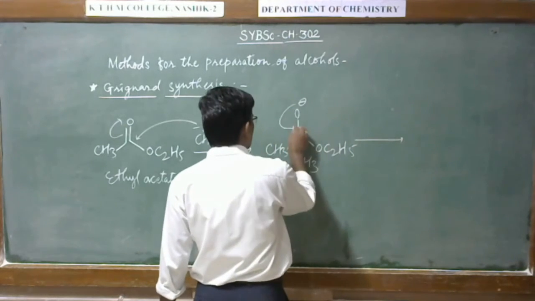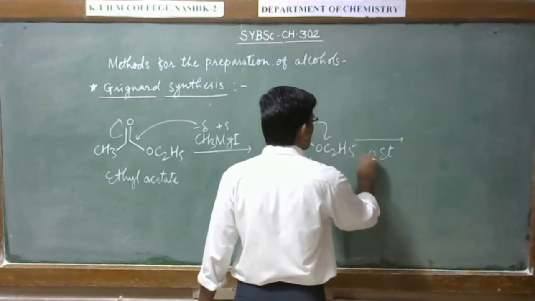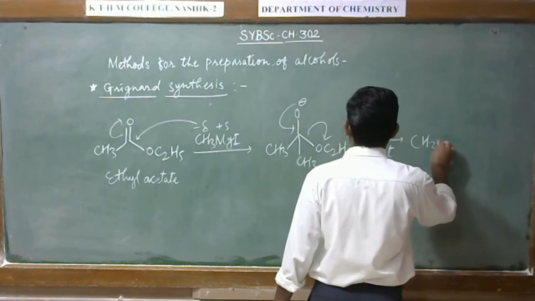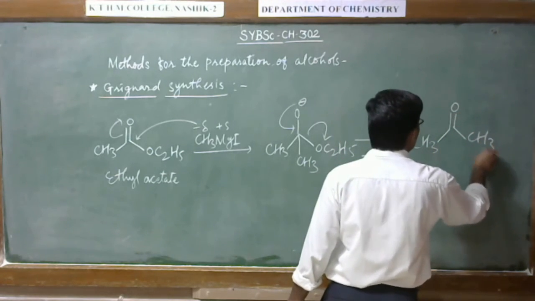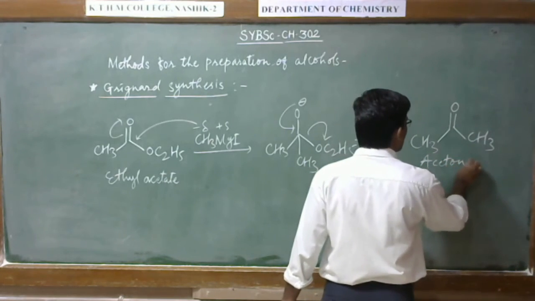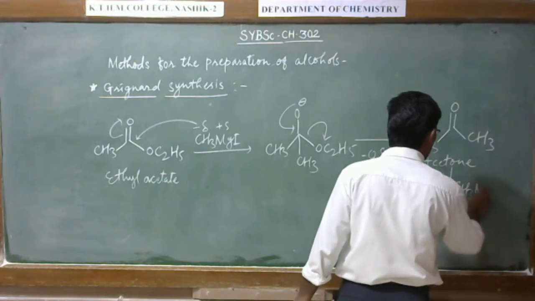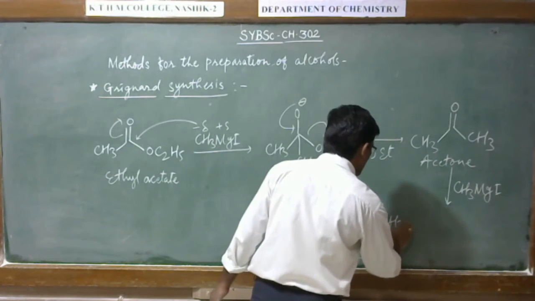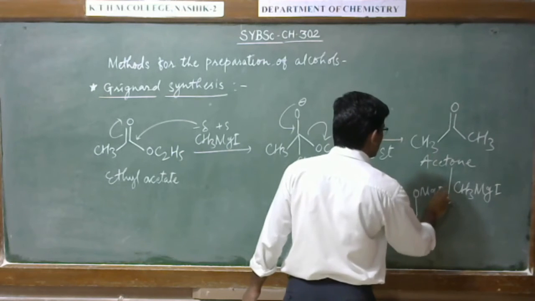Then you will get this ketone. Okay, this is the acetone. Then this acetone will react with another molecule of Grignard reagent, so it will generate this salt.